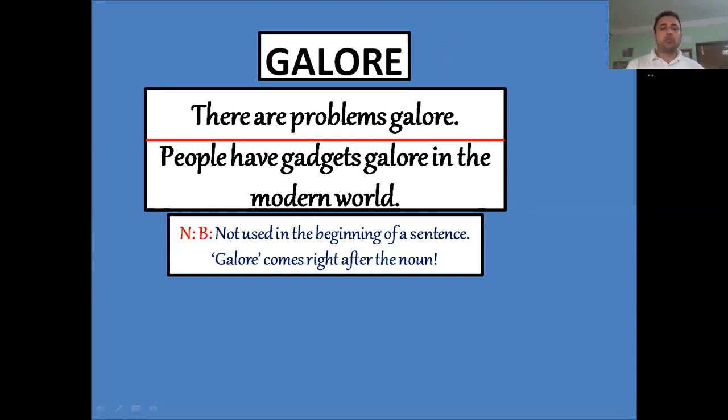You can also use this word with an uncountable noun like there is water galore in the sea. Something like that. Note that galore comes right after the noun, like problems galore, gadgets galore. You can't start a sentence with galore.